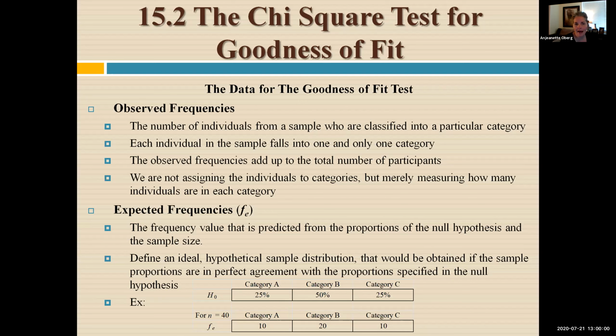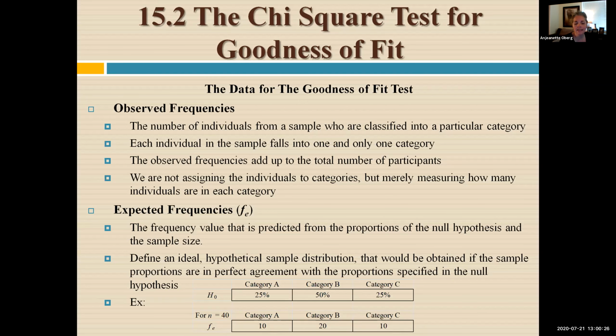So if in fact our sample matches our population, then our expected frequency of 40 people, 25% of 40 is 10. So of those 40 people, we expect category A to have 10. We expect category B, it's 50% of 40, to be 20. And category C should be 25%, which is 10.